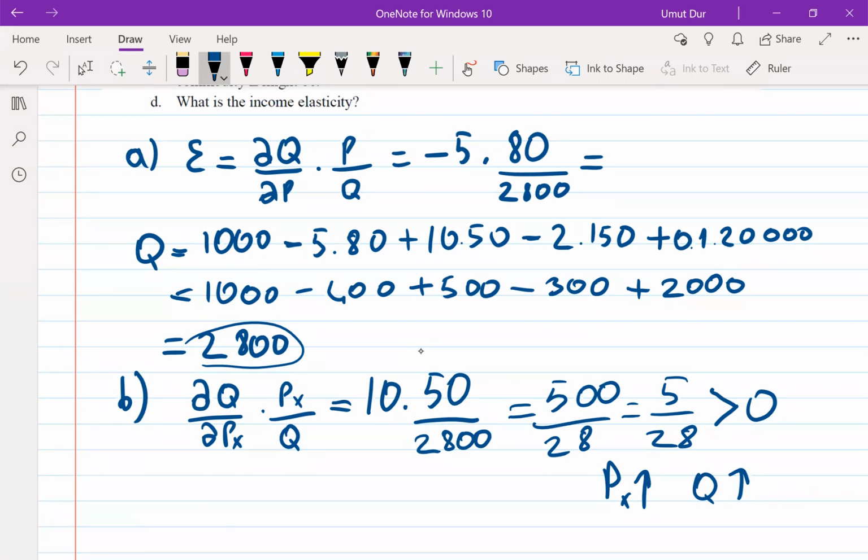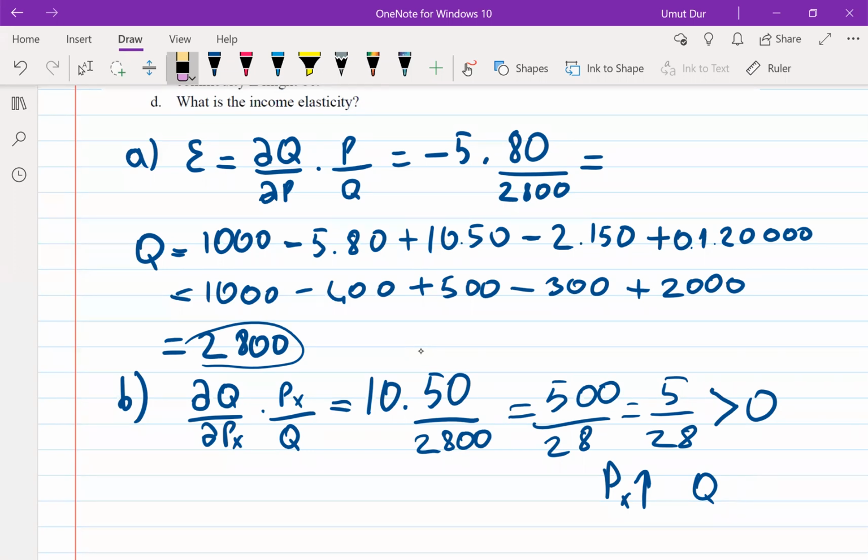So what kind of goods can those be? Are the X good and the good that we are looking for complements or substitutes? Now, what does complement mean? Let me explain in Turkish. Complements complete each other: if you use one, you need to use the other. Then it is complement, I guess. Okay, so I did something wrong.